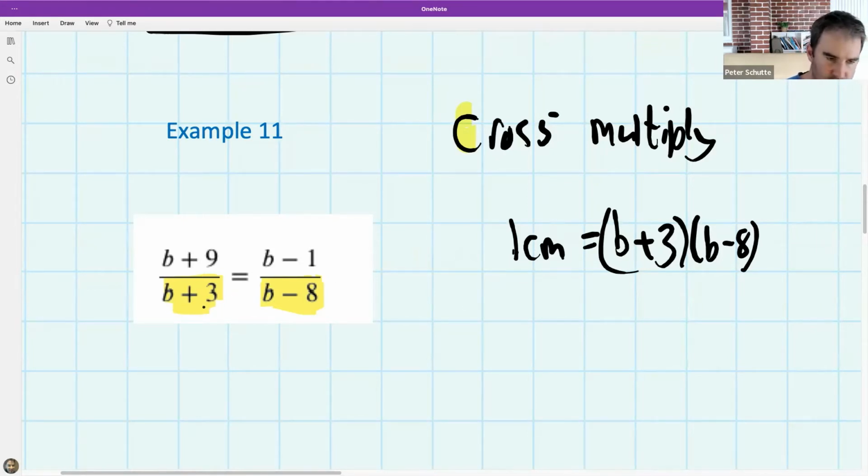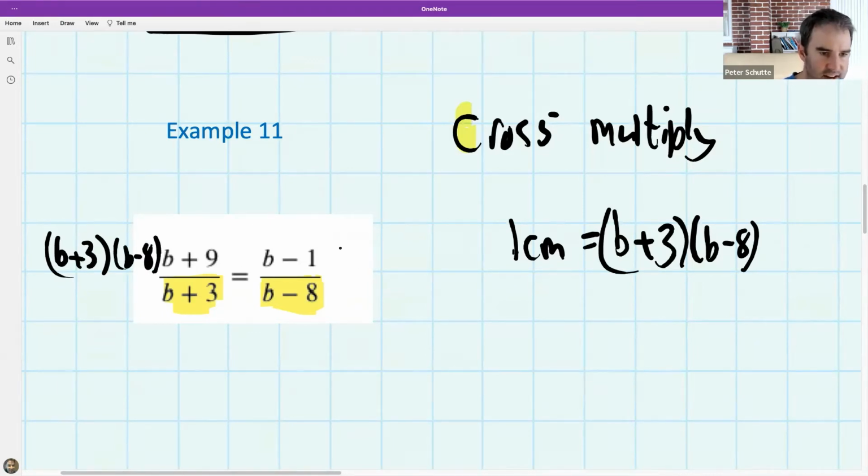I'm looking at these 2 and I'm saying, look, I really want to eliminate them from my life. And so essentially what I'm doing is cross multiplying, but I want to be consistent in my approach and show you that really what I'm doing is I'm multiplying this side by b plus 3, b minus 8.